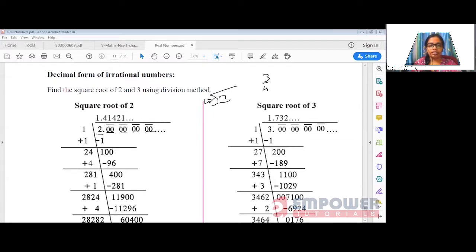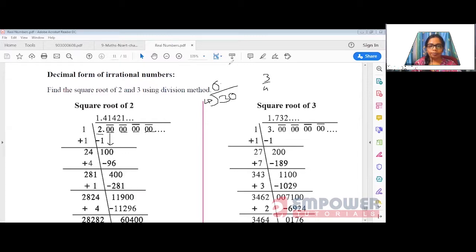Since it is not divisible by 4, I directly take a decimal and add one 0. But in long division, we directly add two 0s in the next step. This is how it differs from your normal division method.